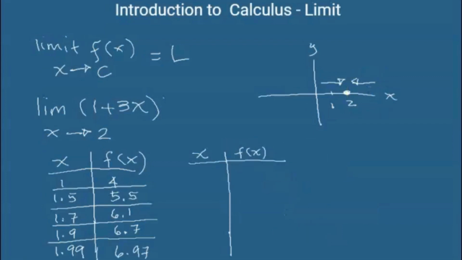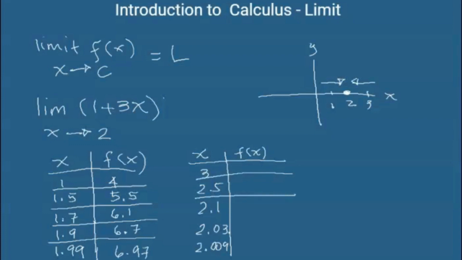So we can start with 3 and then 2.5, then maybe 2.1, then 2.03, then maybe 2.009.